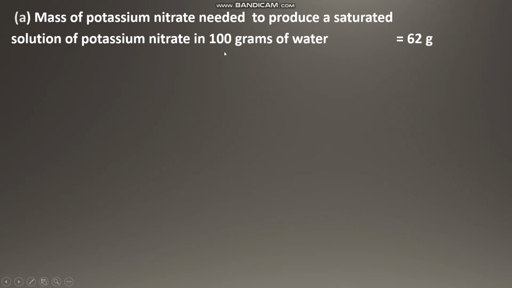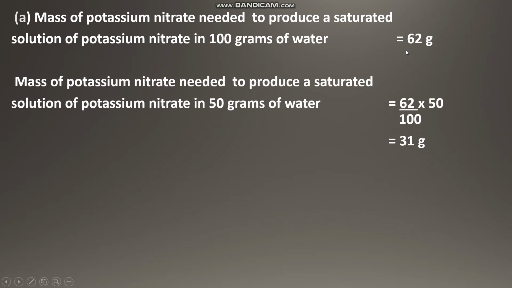In 100 grams of water, the mass required is 62 gram. So in 50 grams of water, 62 divided by 100 into 50. So mass of potassium nitrate needed is equal to 62 by 100 into 50. You can use the method of cross multiplication here. So we are getting the answer 31 gram.